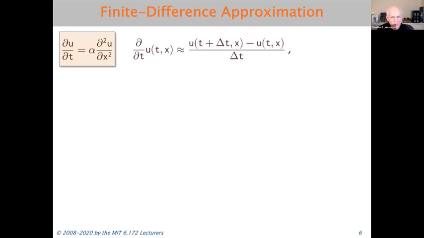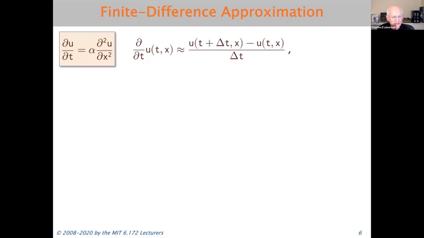Okay, so we can approximate the left-hand side by picking a tiny value delta t. So u of t comma x is the heat at position x at time t. And so the left-hand side is the partial of that.